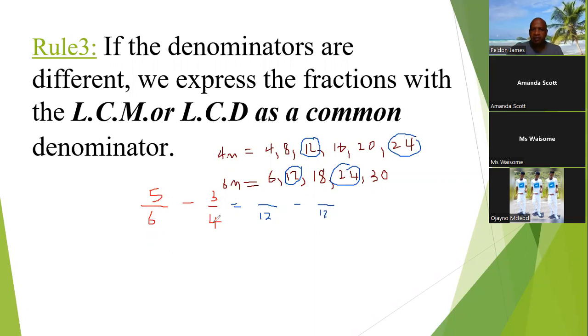So the lowest common multiple gives you the lowest number that 6 and 4 can go into to make equivalent fractions. That's what we are doing. So if we are making equivalent fractions of 5 over 6 and 3 over 4, everybody is following?